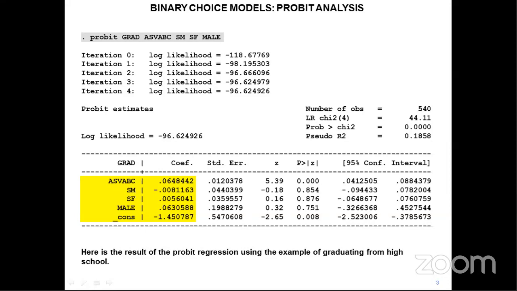One additional year of mother's schooling reduces the graduating of a person by a z score of 0.08. That's why you have to use the z score every time for interpreting the coefficients in the probit model.